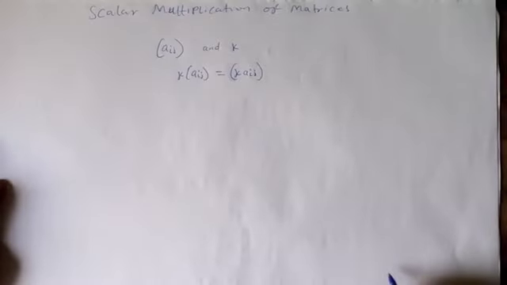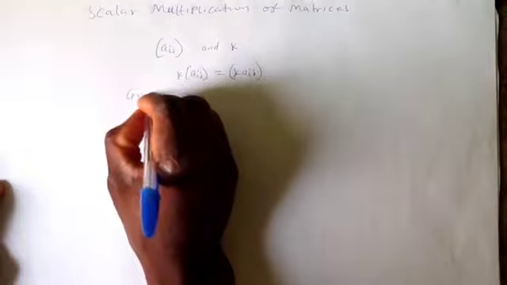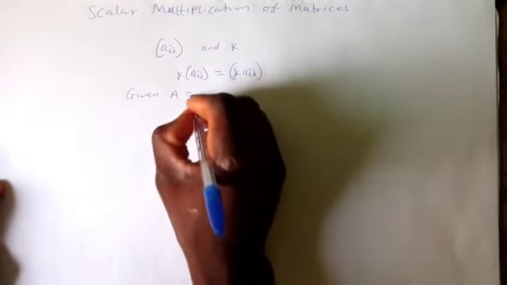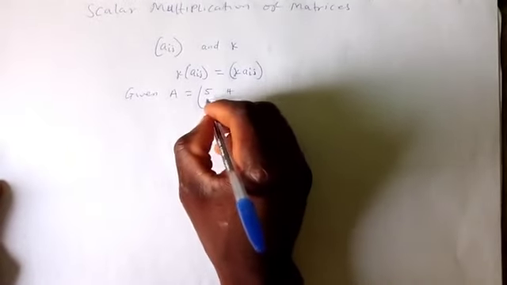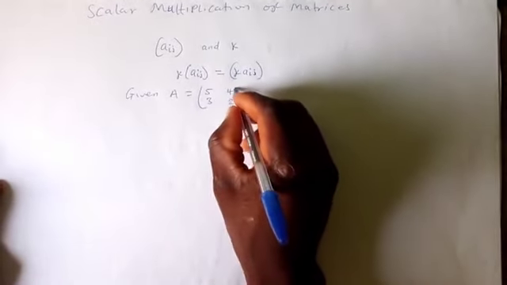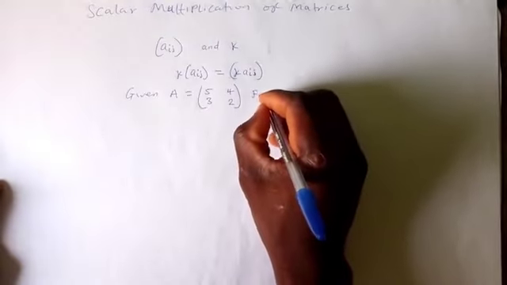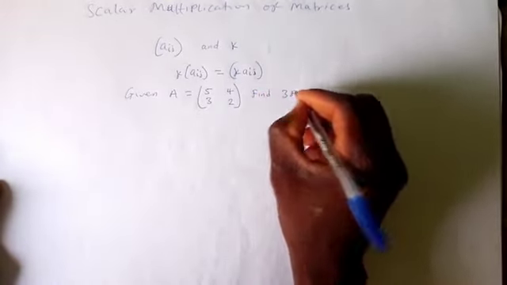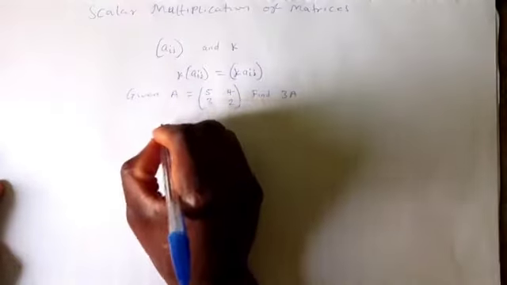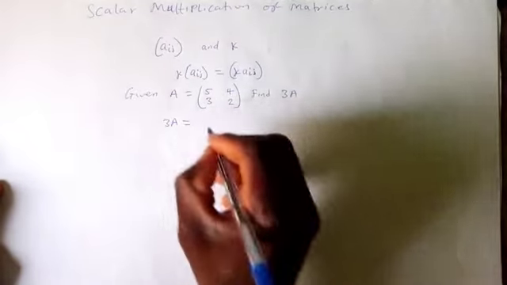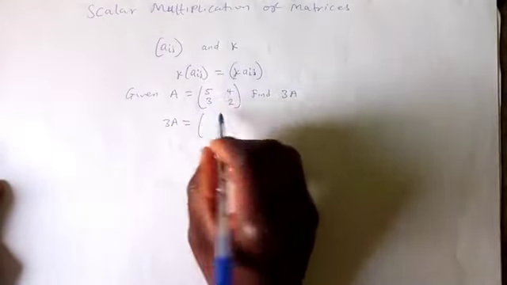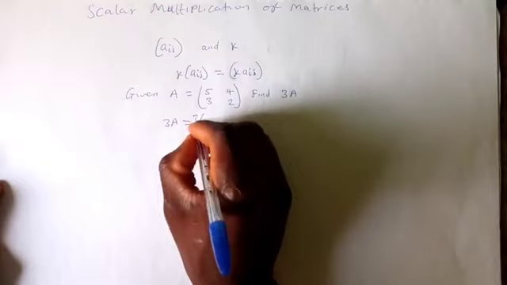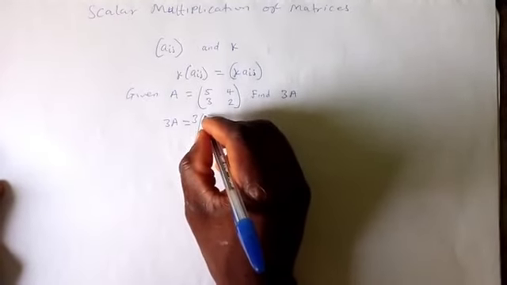Let's illustrate this with an example. Given matrix A to be equal to 5, 4, 3, 2. Find 3A. Our 3A will be equal to 3, use 3 to multiply all the elements of the matrix. 3 multiplied by the matrix.